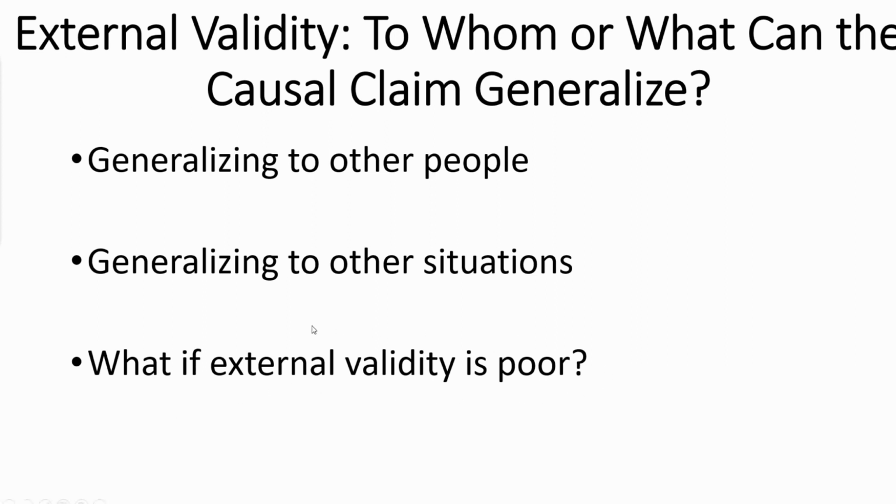Now, the last point to consider here is, what if your external validity is poor? So we've talked about the fact that in a lot of experiments, people don't necessarily care too much about external validity. They might sacrifice external validity in order to have good internal validity. So they might want to have better experimental control.